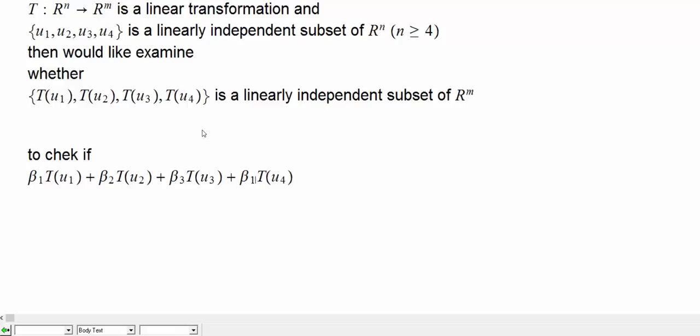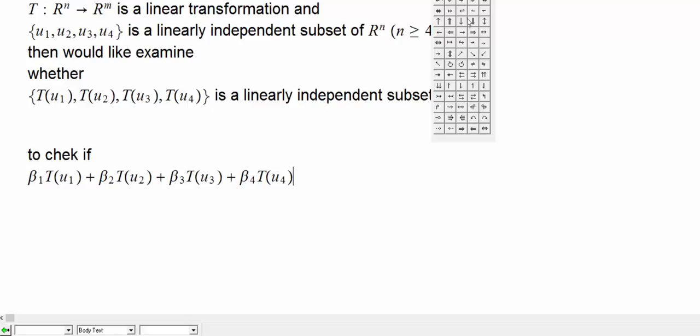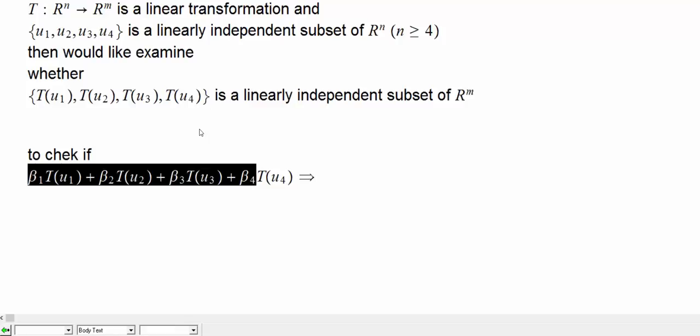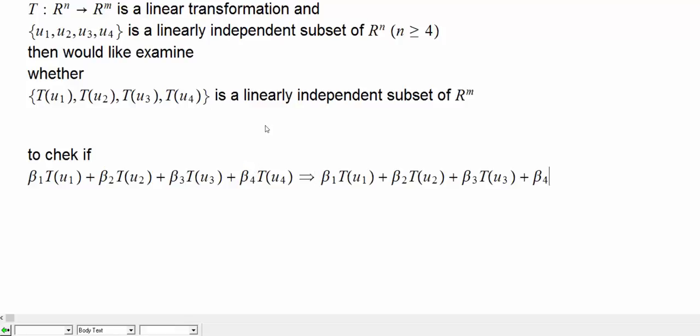Okay, so this is 0, and whether this implies that all these scalars are 0 in value. I'm sorry, I'll be writing this in a little weird way, but just have a little patience for me.